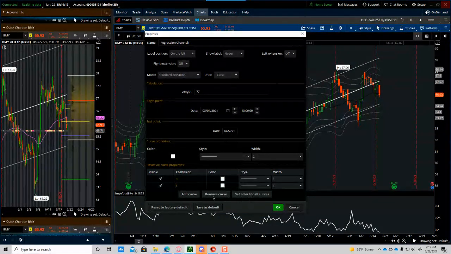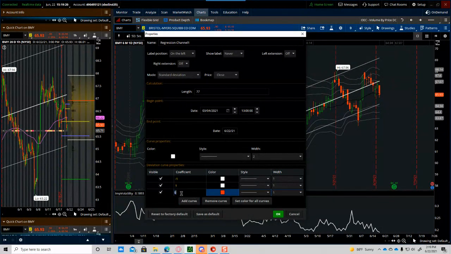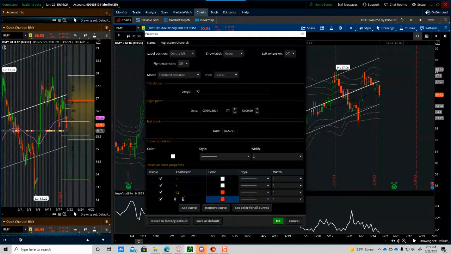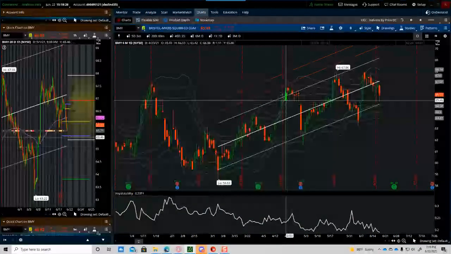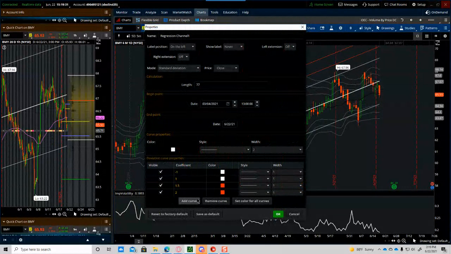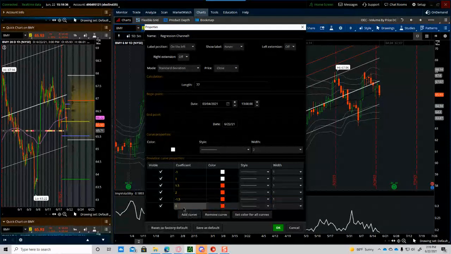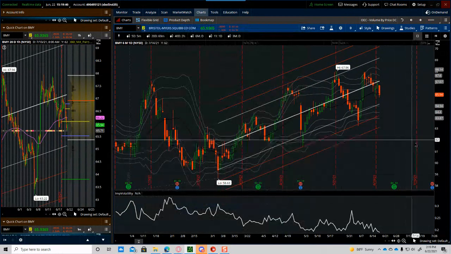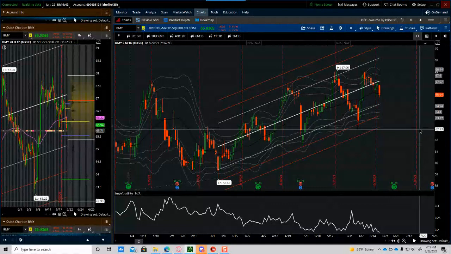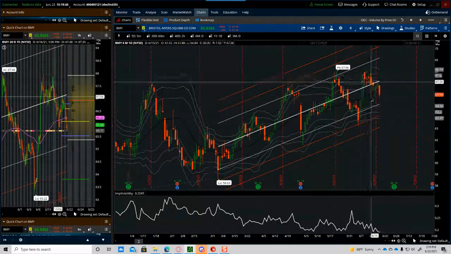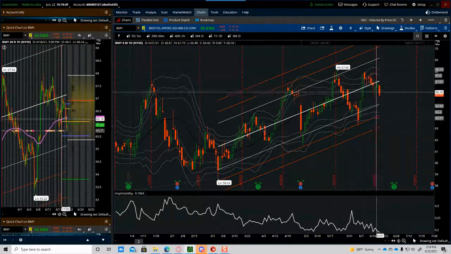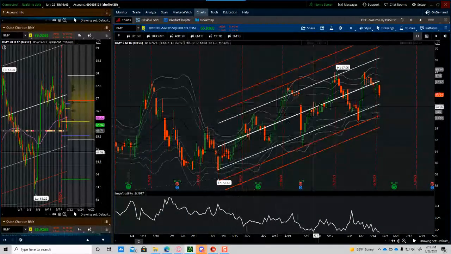We can add more curves. And now we've got more, right? We can go in and add another curve. But these are still two different things because I don't know that I captured 20 candles.